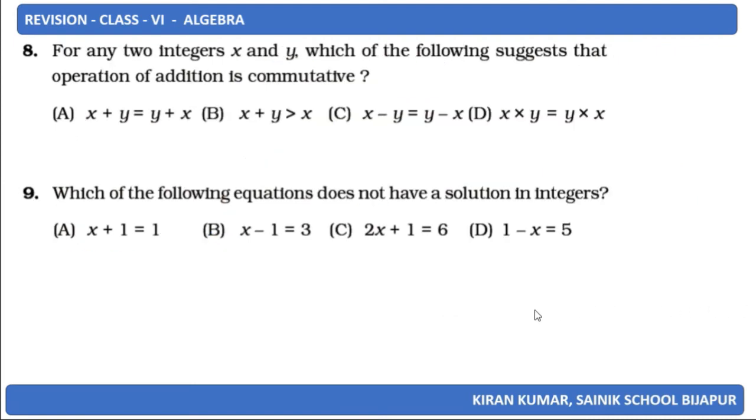Question number 8. For any two integers x and y, which of the following suggests that the operation of addition is commutative? Look at the first one: x plus y is equal to y plus x.